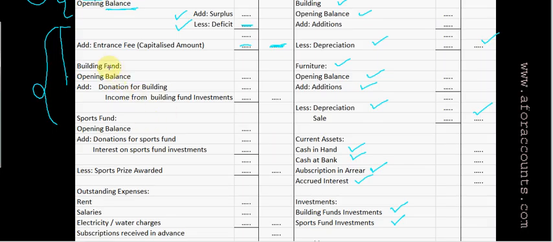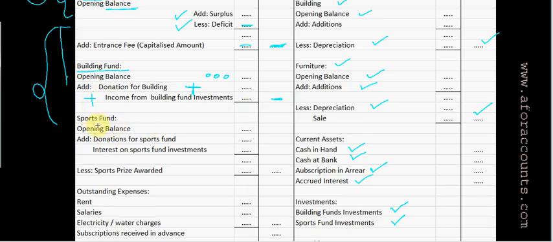Now your building fund, a specific fund, so the opening balance is here. Add the donations, the receipts which you have got specifically for the building, and income from building fund investment; any income raised on investment of the building fund has to be added and taken out in the outer column.